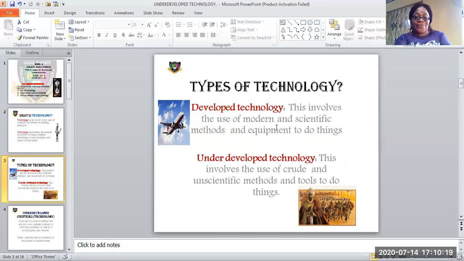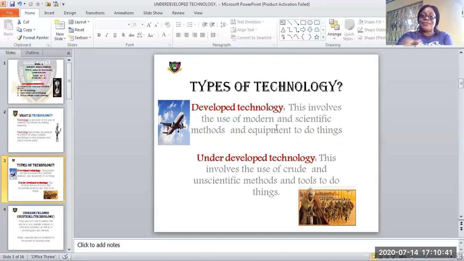Those countries, we call them developing. They are neither here nor there. They are neither developed nor underdeveloped. Therefore, we refer to them as developing technology. Are we clear on that?